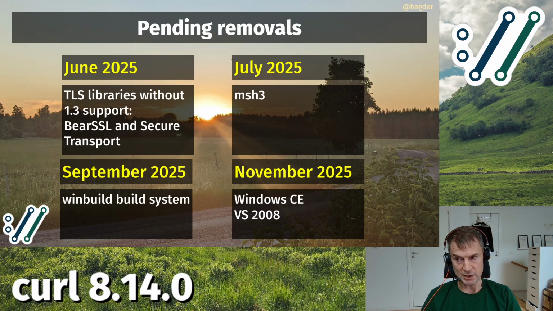In November 2025, still a few months away, we will remove support for first Windows CE, and then drop support for building curl using Visual Studio 2008. They're somewhat related because we have kept the support for the 2008 build system because that's a common way to build for Windows CE. And Windows CE has been end of life for a few years, even the extended version of that.